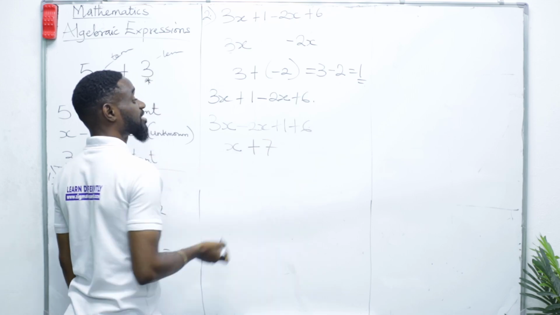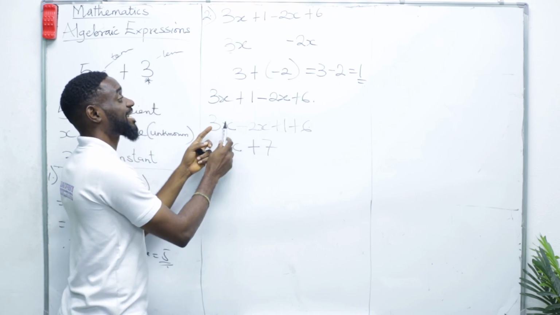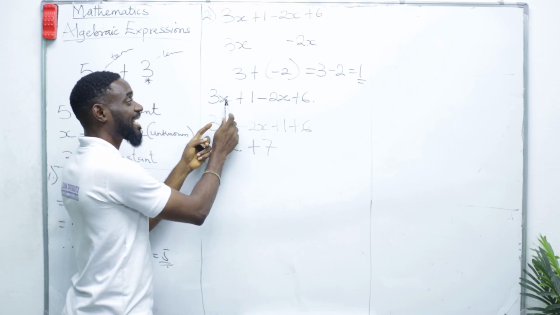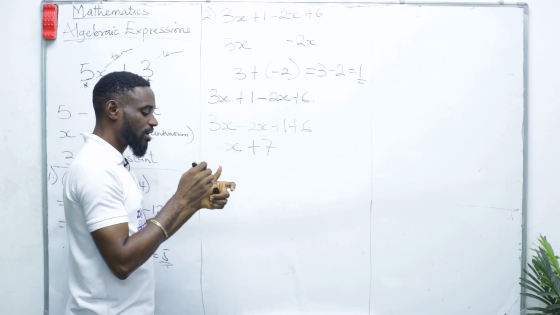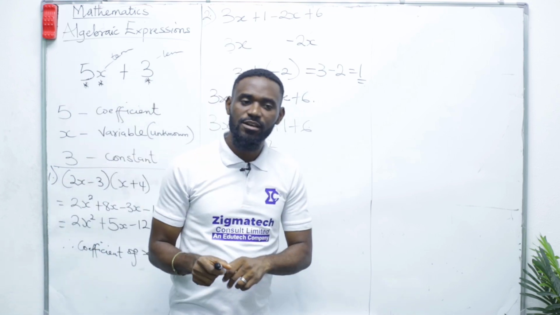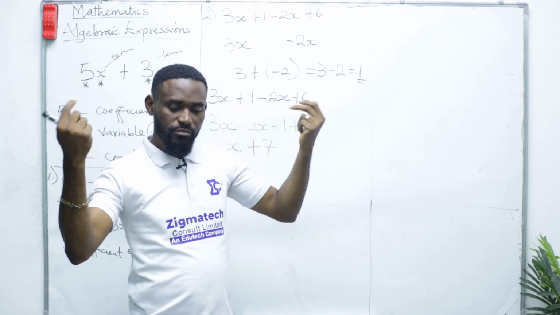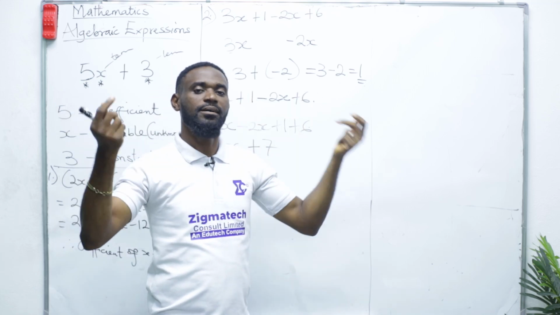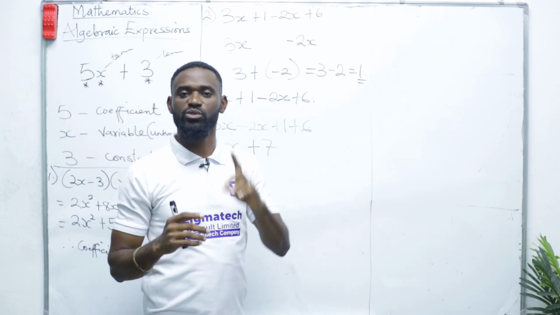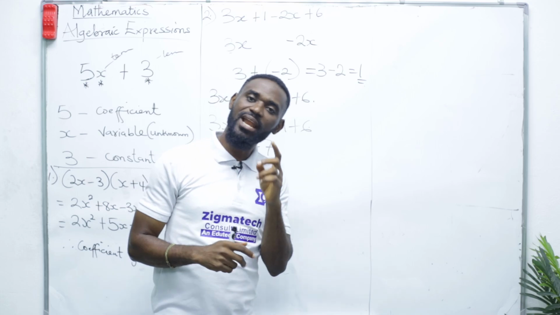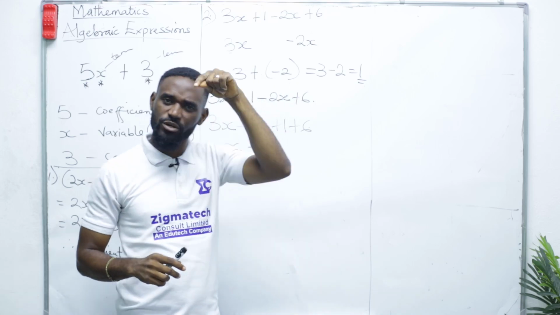Now we have actually added the coefficients together. Now the coefficient of x is 1. Any letter without any number at the back, just know that it has an invisible coefficient which is 1. A coefficient of 1 in mathematics is not written.